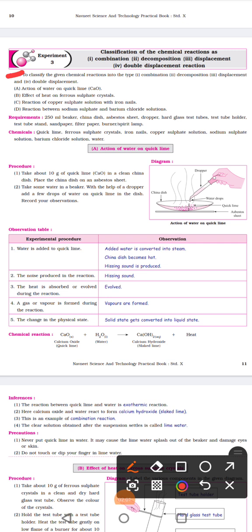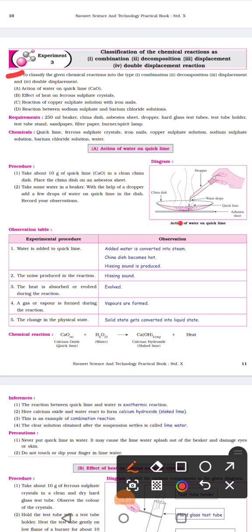And if you have double displacement: reaction between sodium sulfate and barium chloride solution. Aim is nothing but the title. In the board answer paper of the practical exam, they are not showing the word aim, they are giving you the title. So in the place of title you have to write the aim.